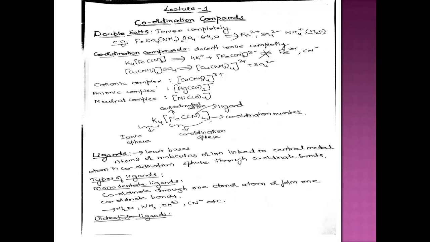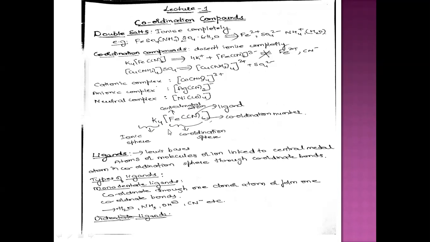Next, in a coordination compound, you can name each and every part. For example, we'll take K4[Fe(CN)6], that is potassium hexacyanoferrate. When you see the coordination compound written, the first thing you see is that some entity is inside the square bracket and some entity is outside the square bracket.